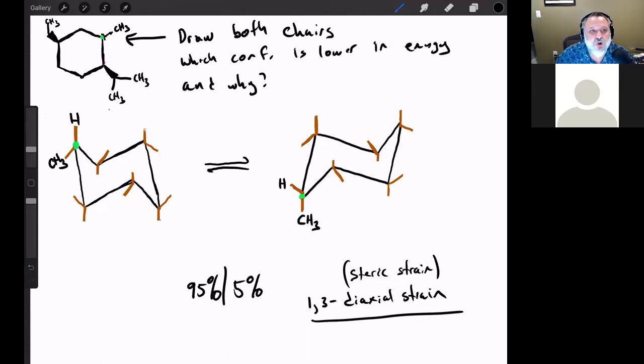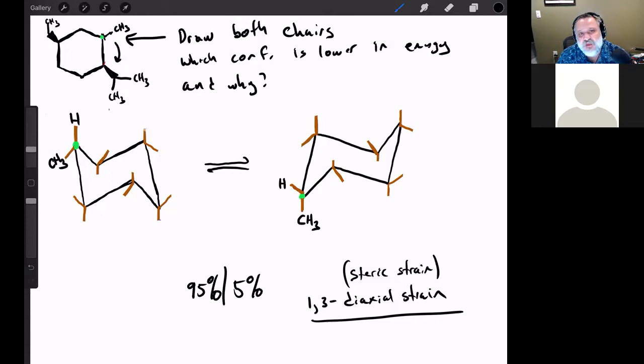So the next move is to go 1 carbon over. I'm going to go 1 carbon over, and I'm going to do it in the clockwise direction. I don't have to do it that way. I can go counterclockwise, but whatever way I choose, I want to be consistent in the next structures.